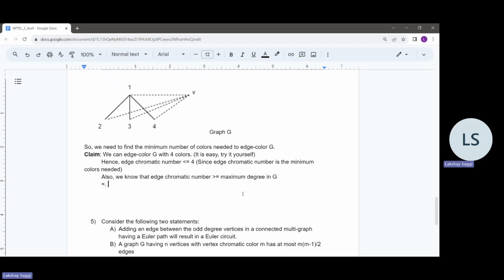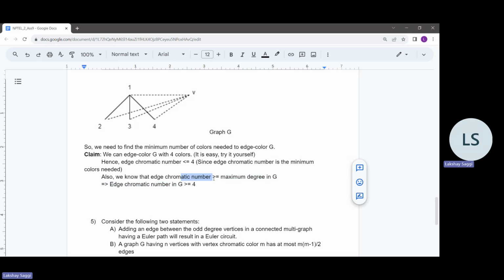So this implies that the chromatic index of G is greater than or equal to 4. Note that using an example of coloring with 4 colors, we showed that it is less than or equal to 4.